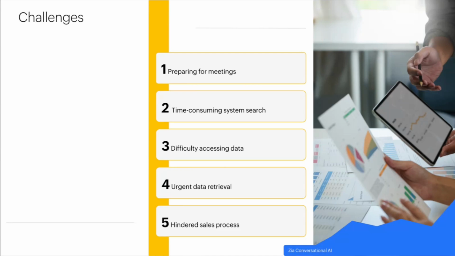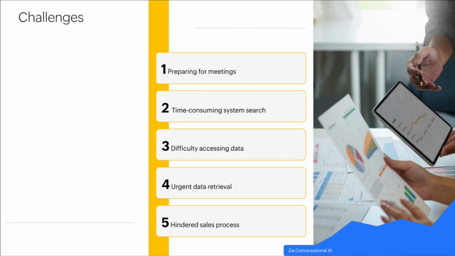So again, picture a sales manager at Zilker preparing for a crucial meeting, a routine yet critical task. It requires a deep dive into data, a process made tedious by the system's limited search capabilities. This inefficiency escalates during moments of urgent data retrieval, where the slow system response can delay crucial decisions.